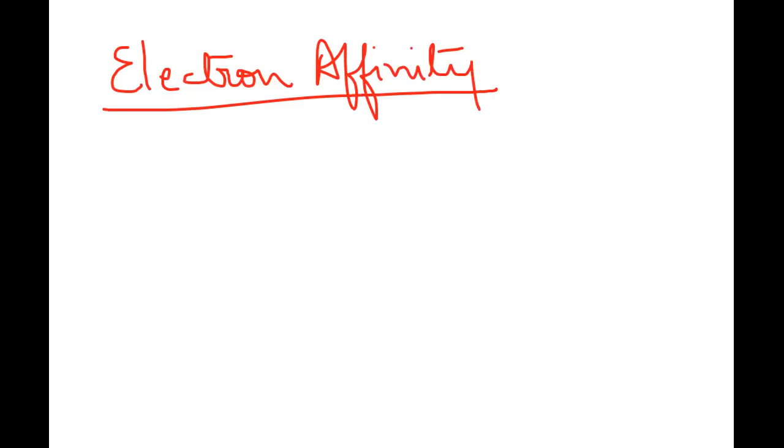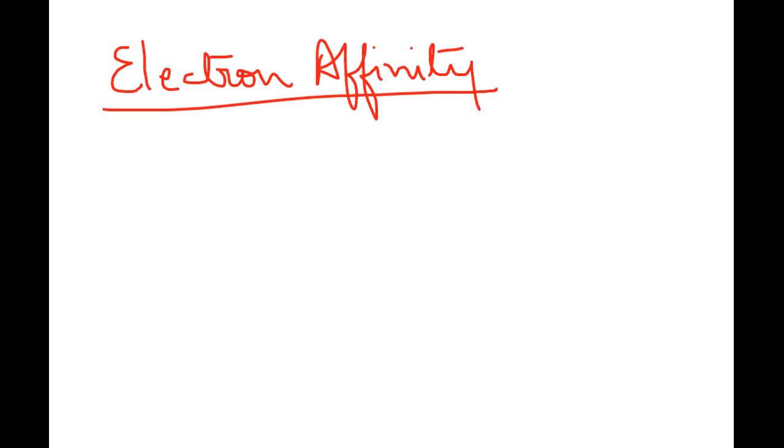Why? Because here ionization potential was an endothermic phenomenon, mind you. It is absorbing energy. But in the case of electron affinity, it is the energy which is given out. So in the case of electron affinity values, we say it is the amount of energy that is released when an electron is added to a neutral gaseous atom in its valence shell. All right.